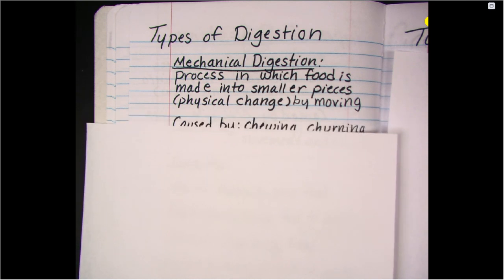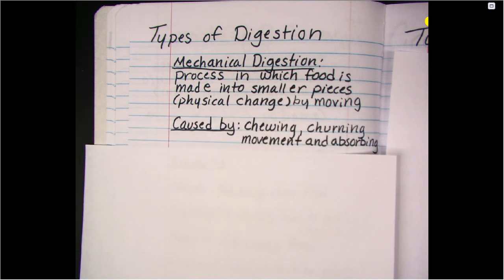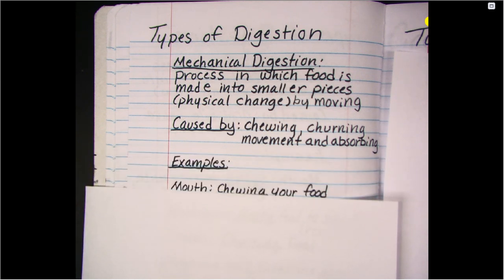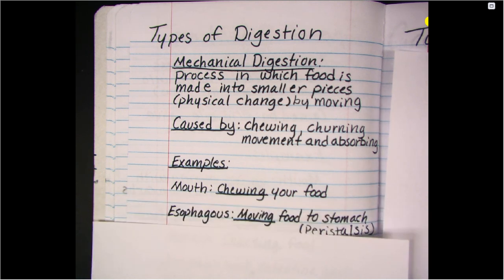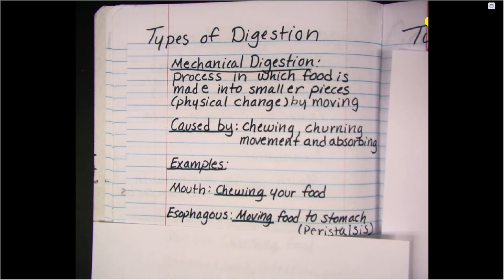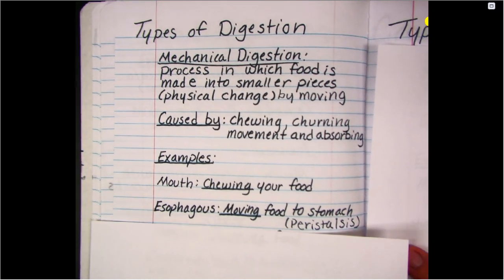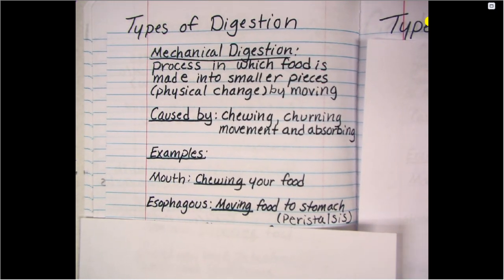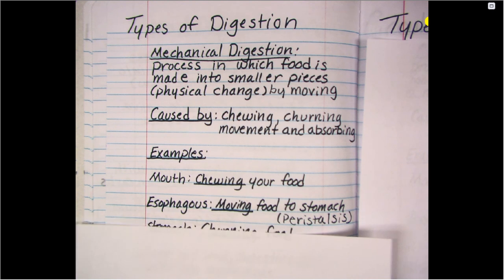Usually this is caused by chewing, churning, movement, and absorbing. What we'll talk about next is where these things happen. First off, it starts in the mouth when you chew your food. The next place is in the esophagus, because you have movement going on there with peristalsis happening as the food is moving to your stomach.